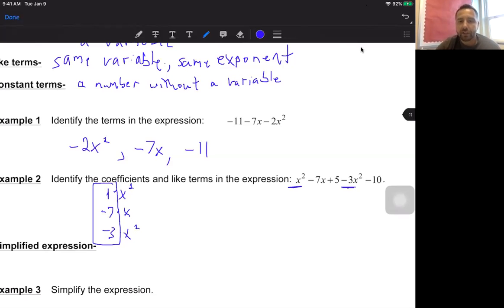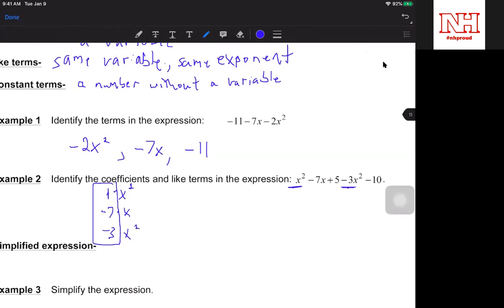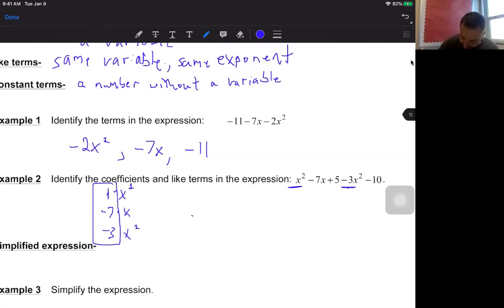Somebody give us the answer here. Good, Mike. -2. Good. So you're going to end up with -2x squared.